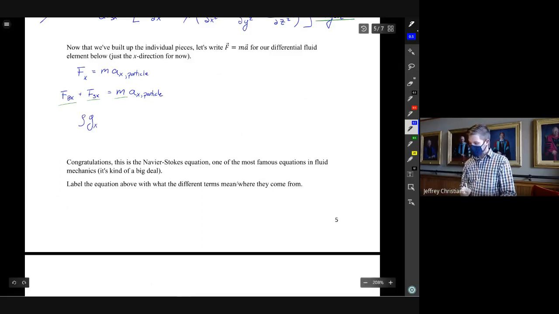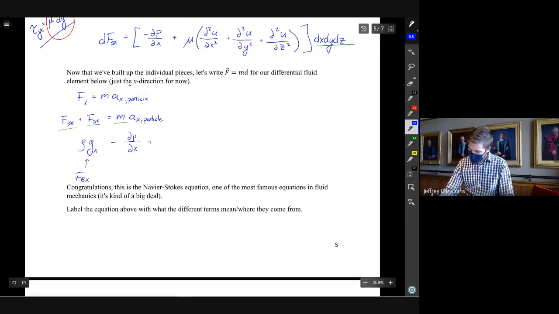So what we'll end up with is rho gx, that's our body forces, gravity, minus, we'll write the surface forces, d squared u dx squared plus d squared u dy squared plus d squared u dz squared.